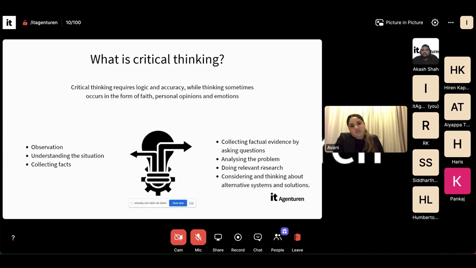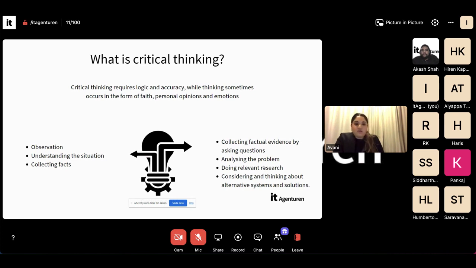What makes it special as critical thinking is when you put in analysis, thought, accuracy, logic, unbiased opinions, and then create a decision. Whereas in a usual thinking process, one might say that there could be a personal opinion, or there could be an emotion involved, or someone's observation on the current room situation, and then you make a decision.